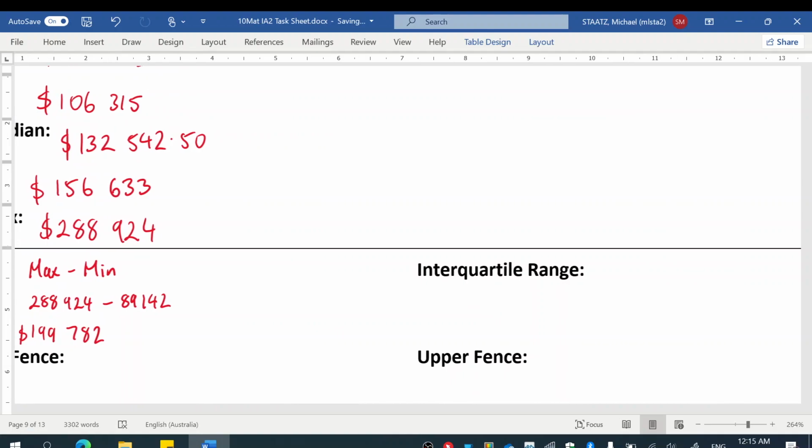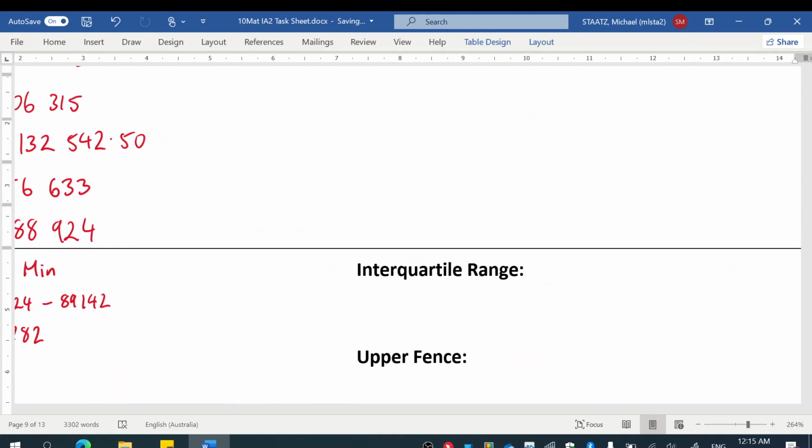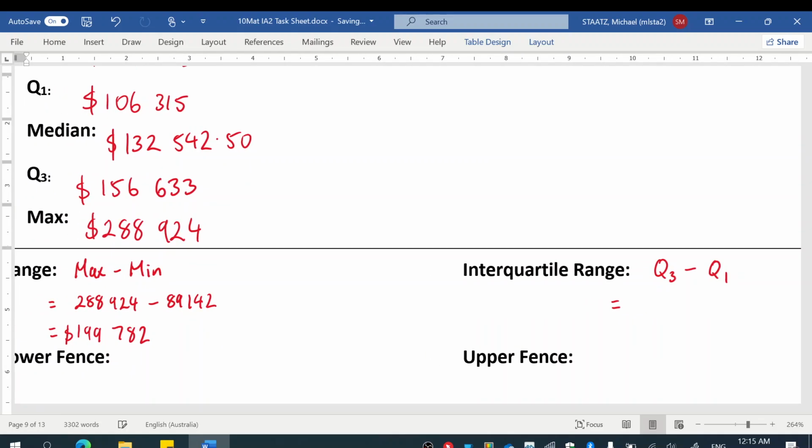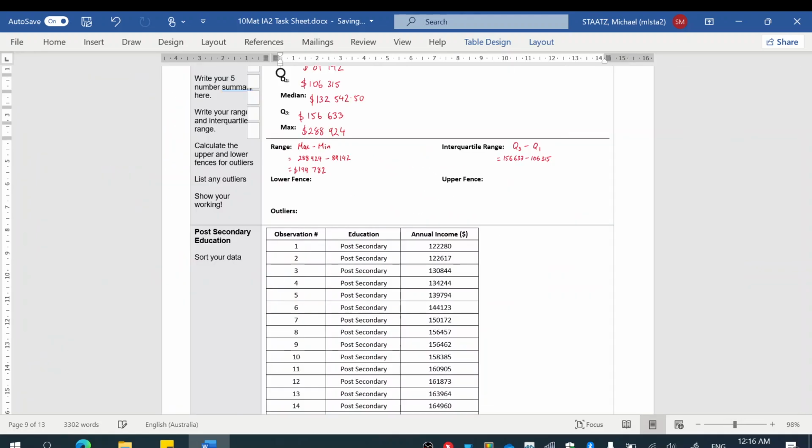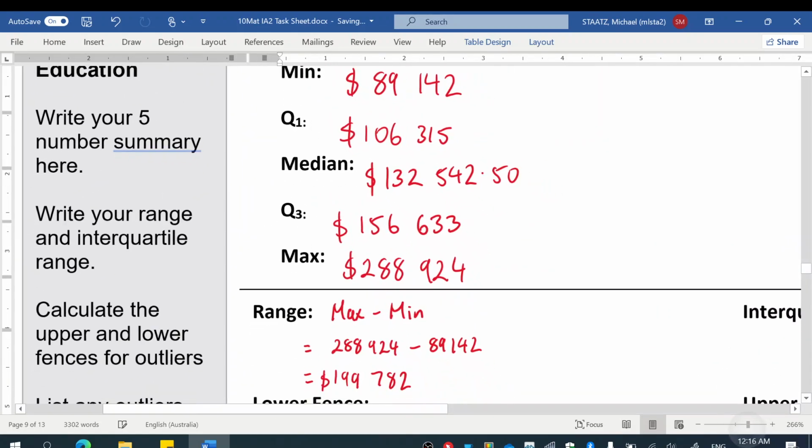Interquartile range. Now, interquartile range is equal to my upper quartile, Q3, minus my lower quartile, Q1. So for this example, looking at Q3, I've got 156,633 minus Q1, which is 106,315.